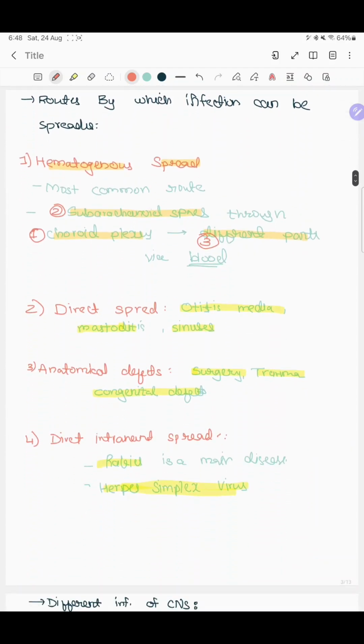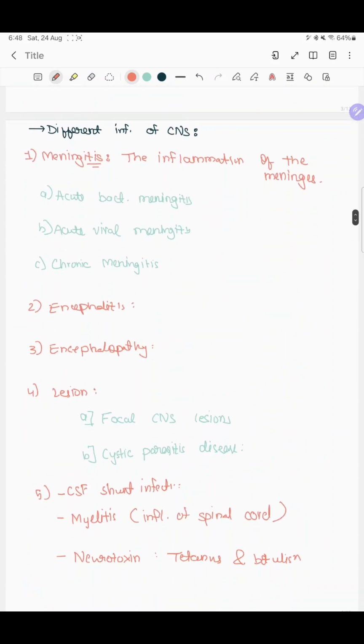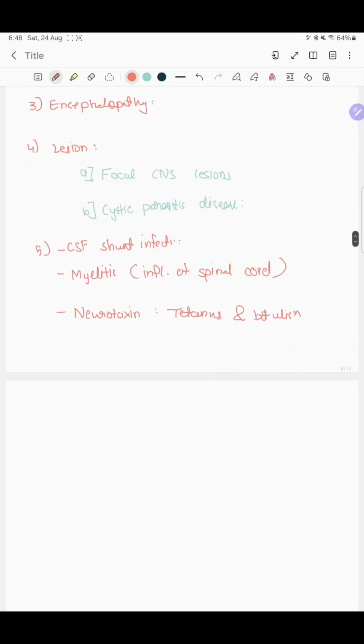The routes can be hematogenous spread, most commonly via blood, direct spread, anatomical defects, or direct intraneural spread. The different infections caused are meningitis, encephalitis, encephalopathy, lesions in the CNS, CSF shunt infections, myelitis, which is the inflammation of the spinal cord, or toxins like tetanus or botulism.